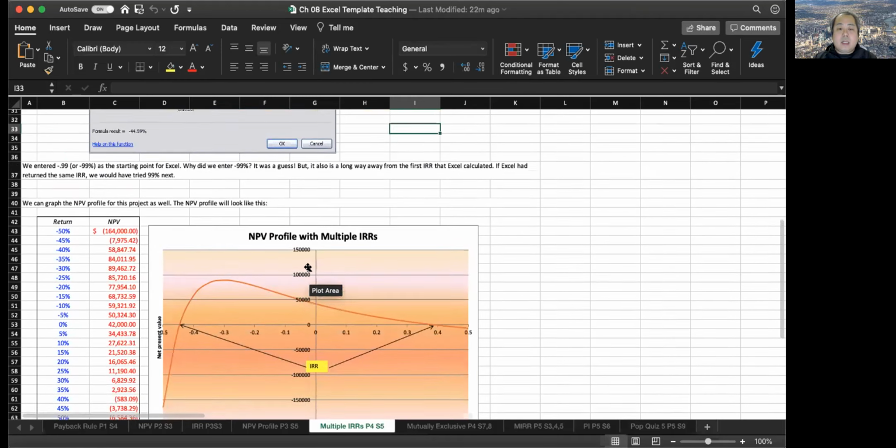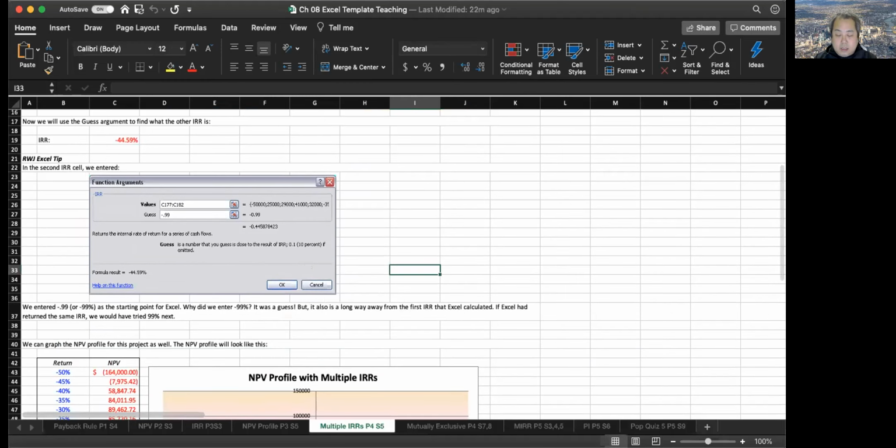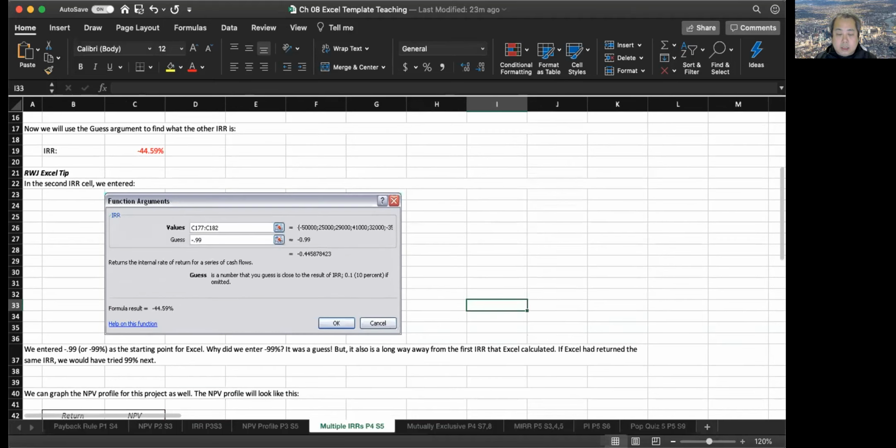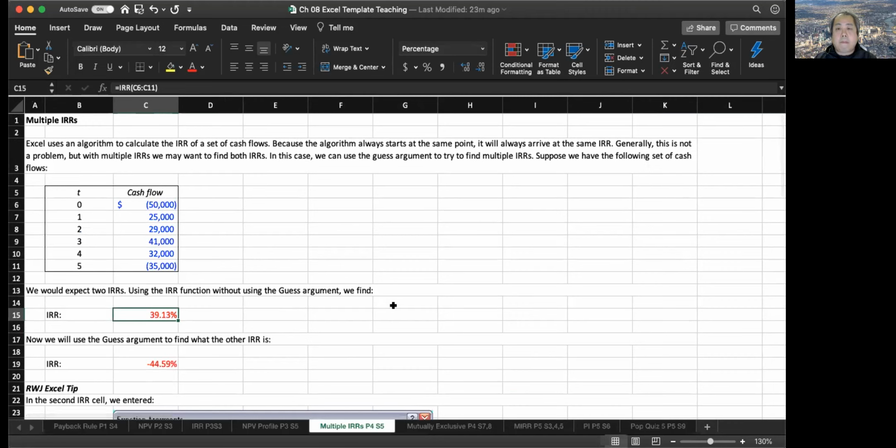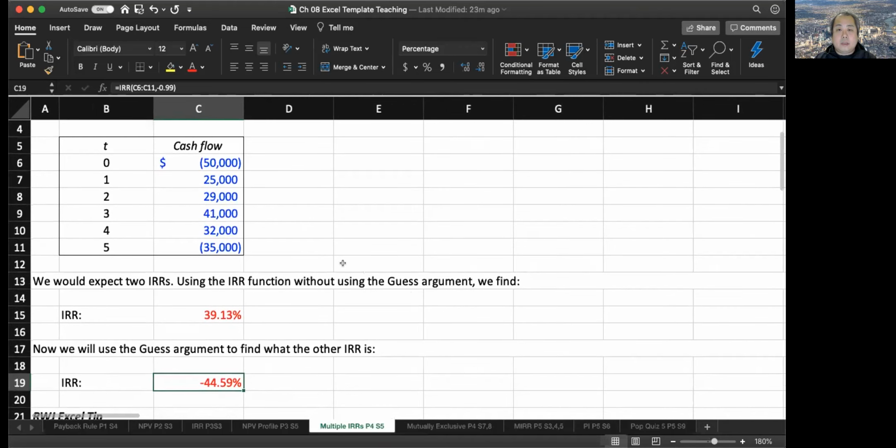You will see the IRRs here are 39.13% and negative 44.59%. Two IRRs. Again, you cannot use any of them.